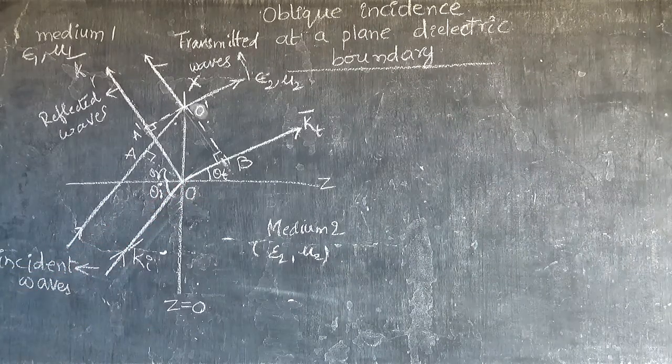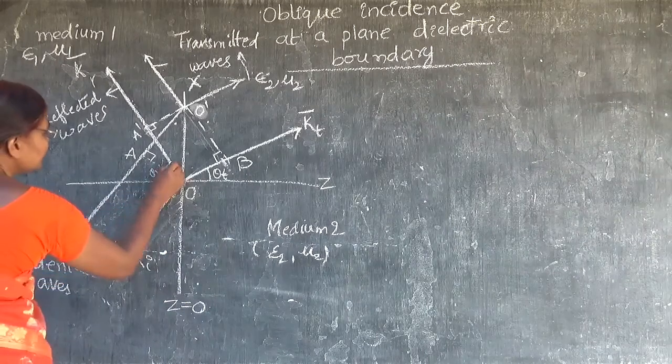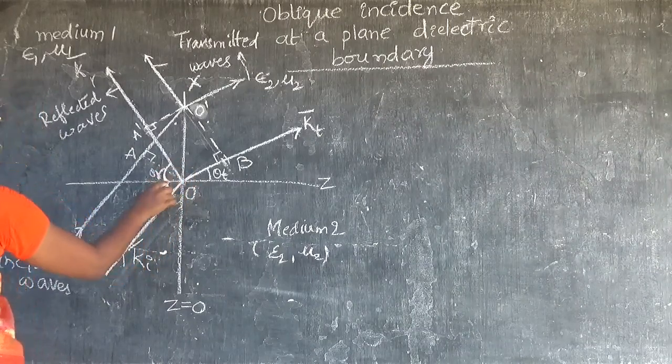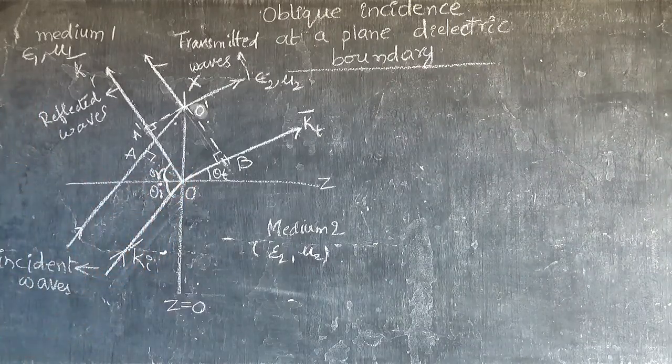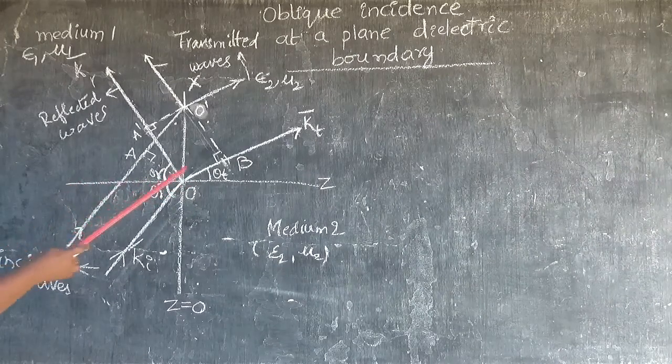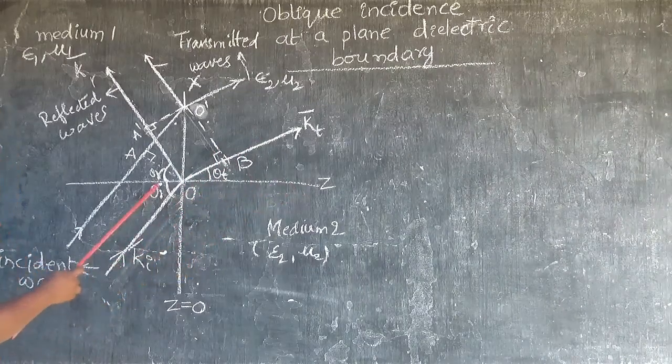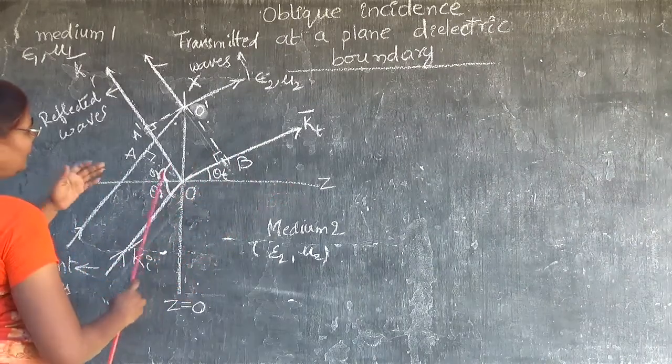Now this is theta r. That means my reflected wave is making an angle of theta r with the normal, and my transmitting wave is making an angle of theta t with the normal z.